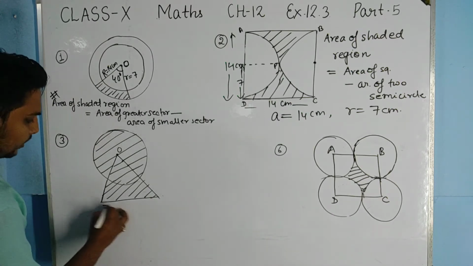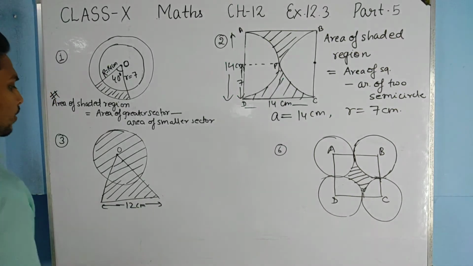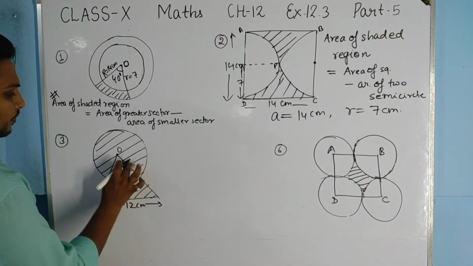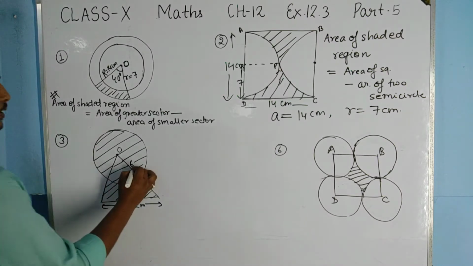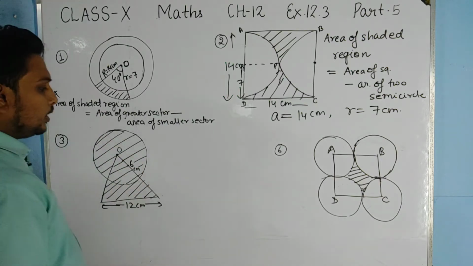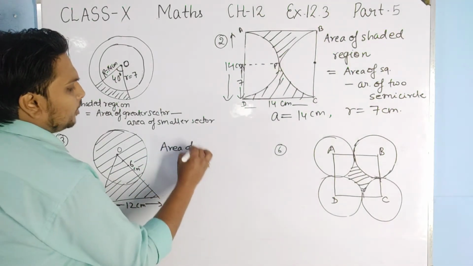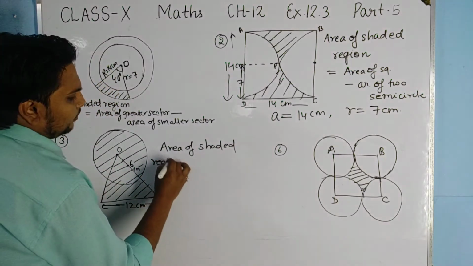Basically this triangle is equilateral, and the radius is given 6 centimeter. You have to find the shaded region, meaning the whole figure is shaded. So how will you find the area of this region? Students, here area of shaded region will be what?